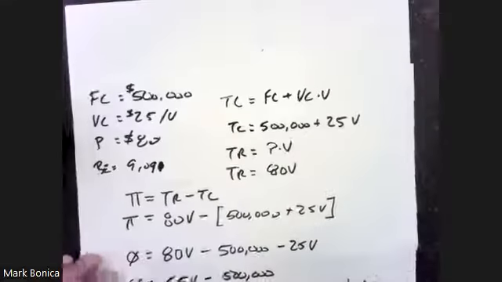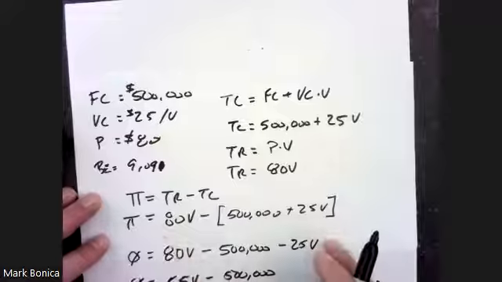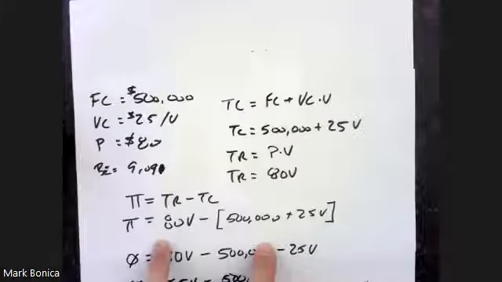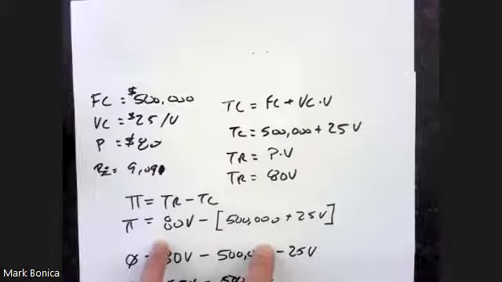So if we could take this same function and say, what we want to do is target making $100,000 in profit. So how would I do that? If I want to know how many visits I have to do in order to get $100,000 in profit, what could I do here? Given I know this is my profit function, I want to make $100,000 in profit.